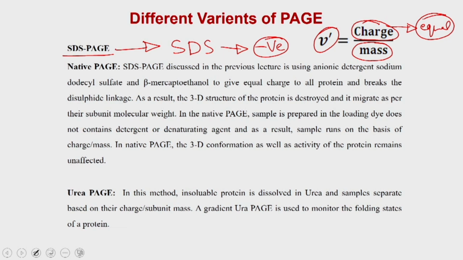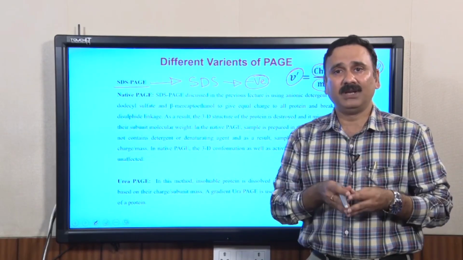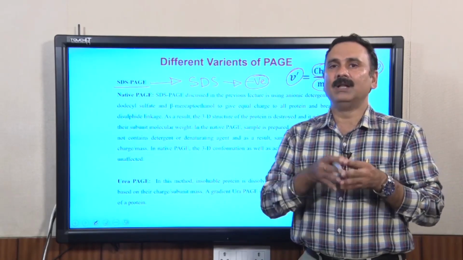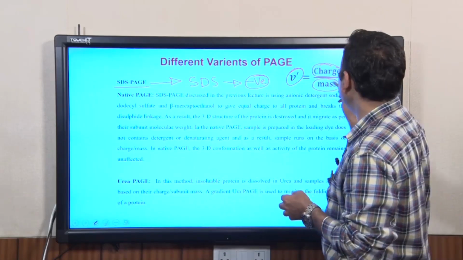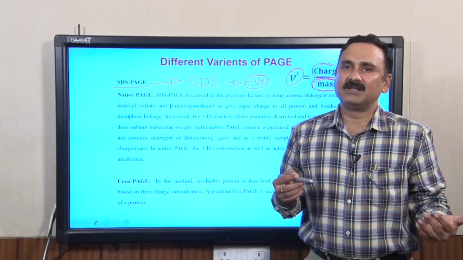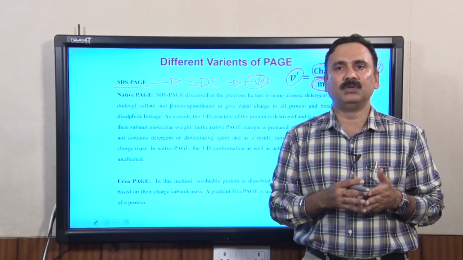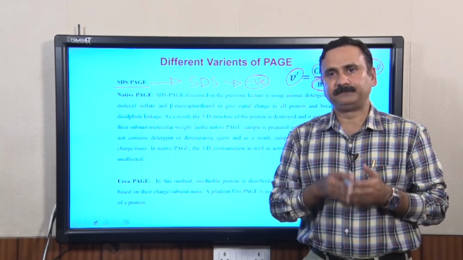Second, all the proteins are going to have equal negative charge, and as a result the proteins are going to migrate based on their molecular weight, which means the protein of higher molecular weight is going to run slower, and the protein of lower molecular weight is going to run faster, because the electrophoretic mobility is inversely proportional to the mass of that particular protein.